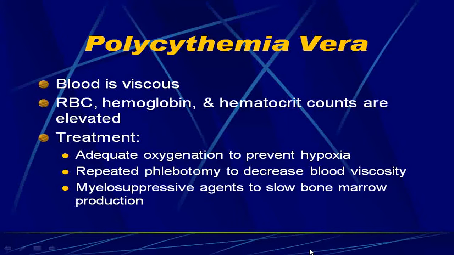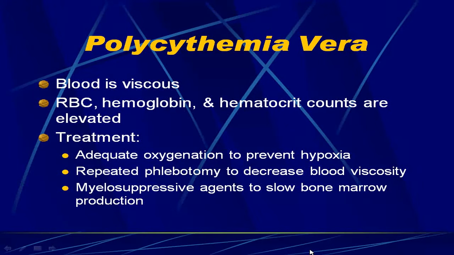In your book on page 700 is where it discusses polycythemia vera, and it talks about the manifestations associated with it. You see it being related to the hypertension associated with it.